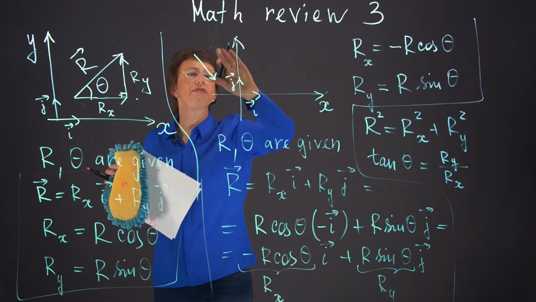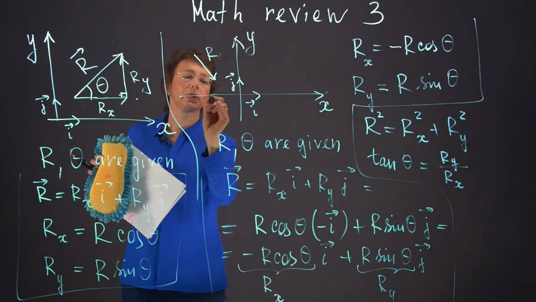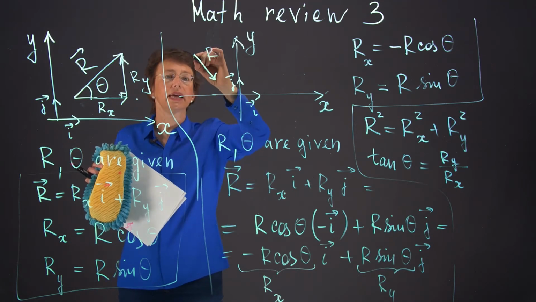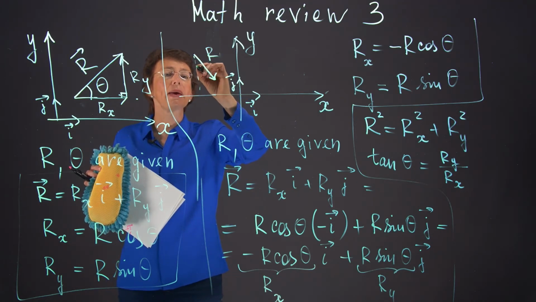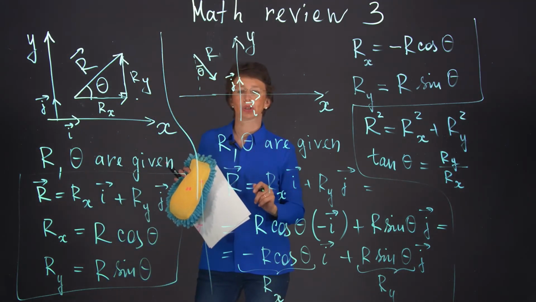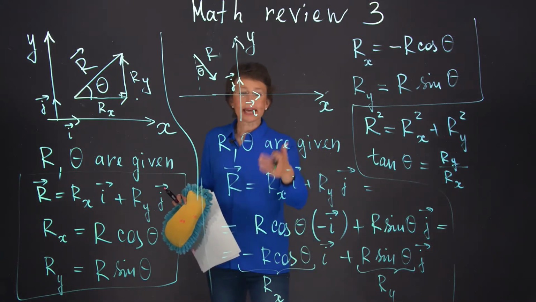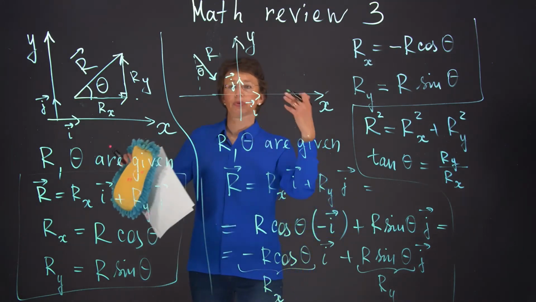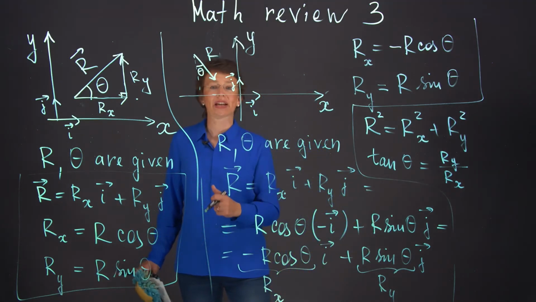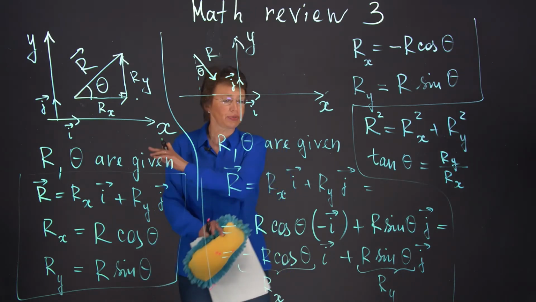The magnitude of the vector will be r, and it is given. And this vector r will make angle theta with vertical. R and theta are given. The task is the same. Let's write vector r in terms of components, or in terms of unit vectors. Or let's find the projections of vector r on x and y. You can pause the video and do it yourself, and I'll just keep going.